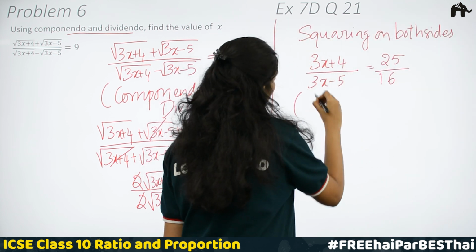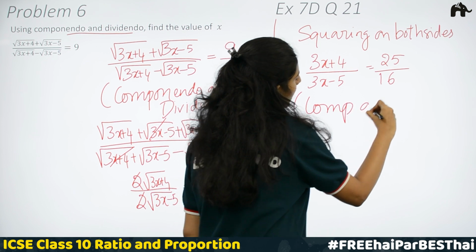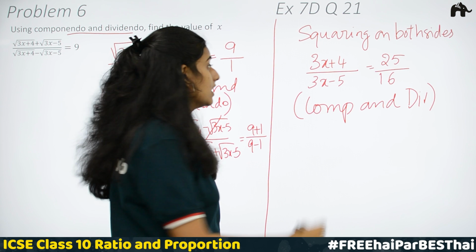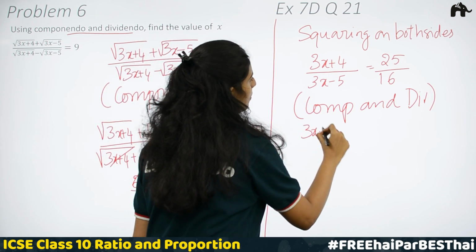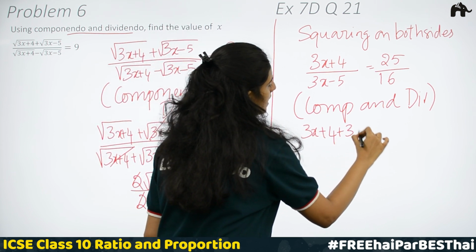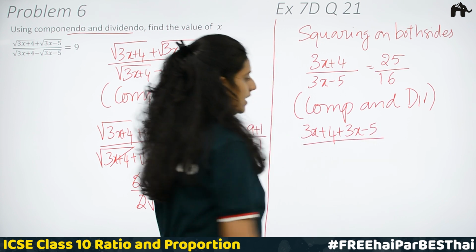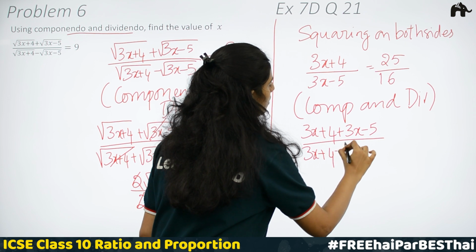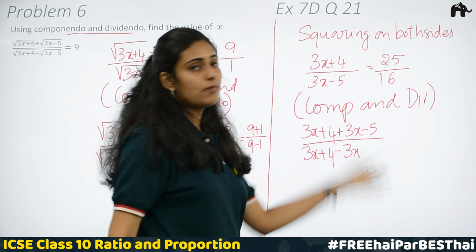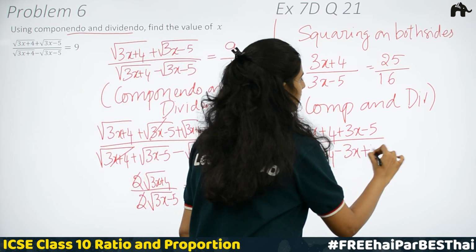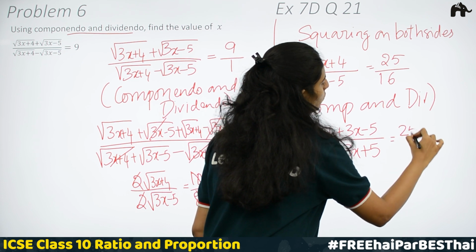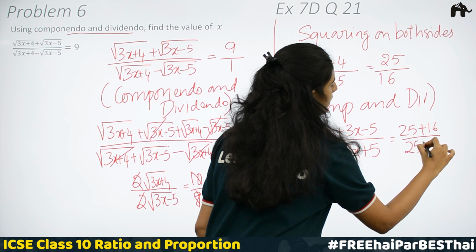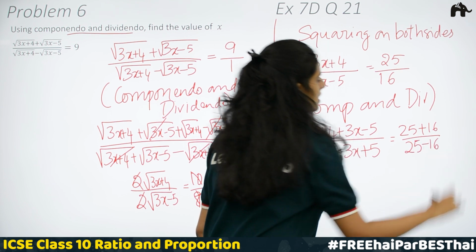Again applying the componendo and dividendo property, we get 3x plus 4 plus 3x minus 5 divided by 3x plus 4 minus 3x minus of minus plus 5 is equal to 25 plus 16 divided by 25 minus 16.